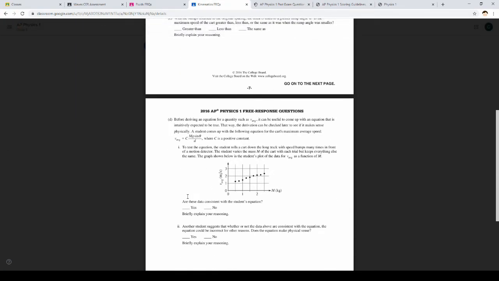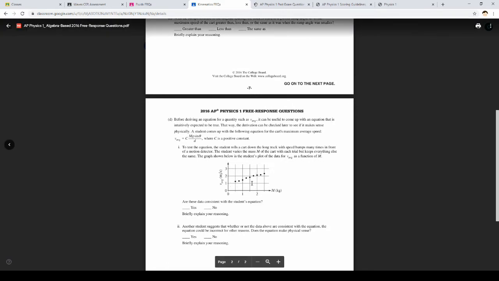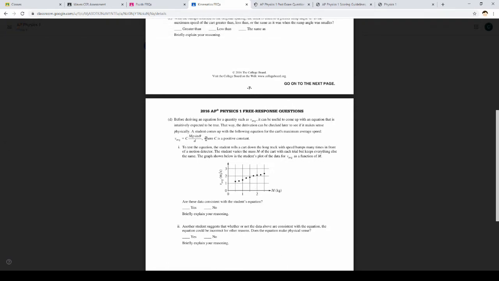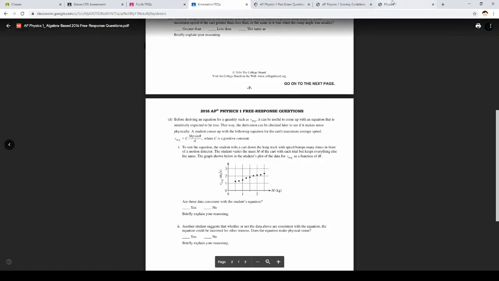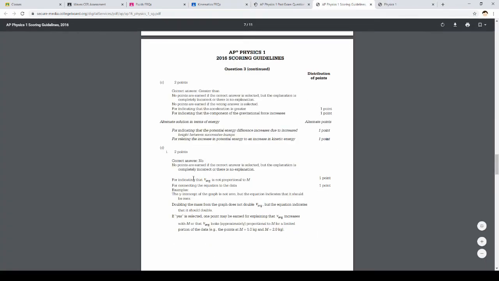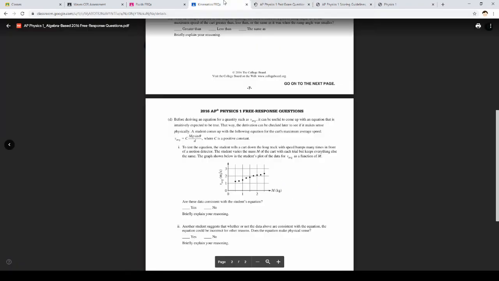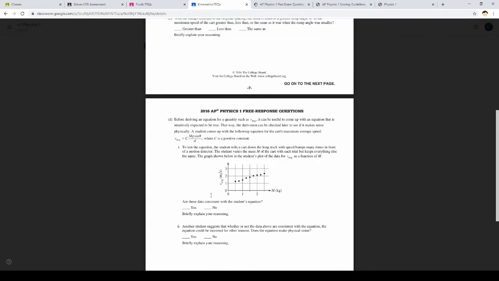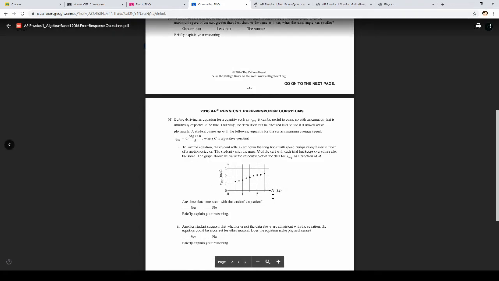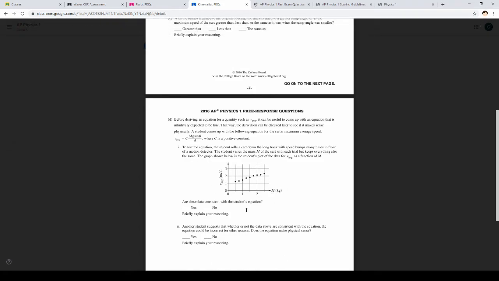We're trying to determine if the data presented are consistent with the student's explanation. So, part D I, the correct answer is no. So, we have a function v average related to the mass.